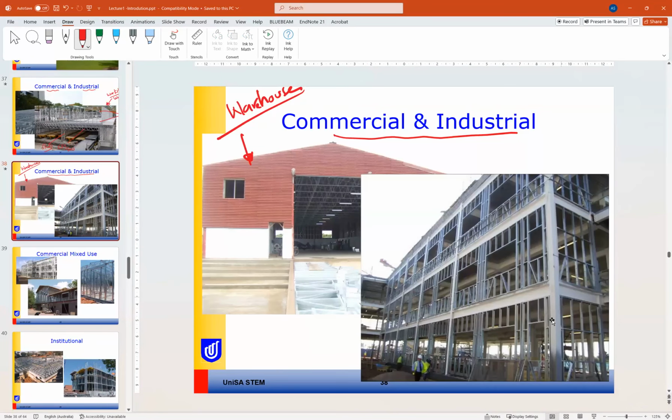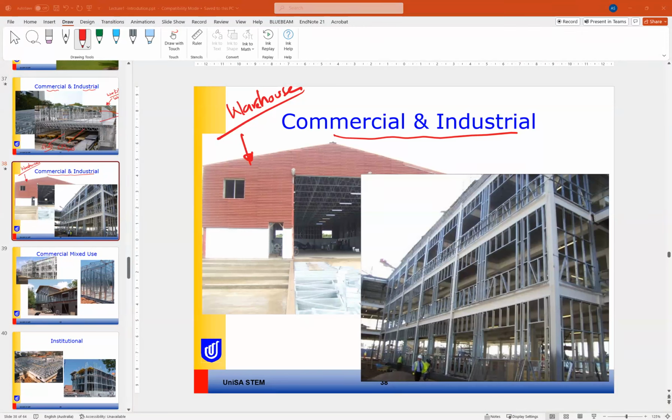Do you have any notice here? Yeah, it is the floor. The floor may be composite.